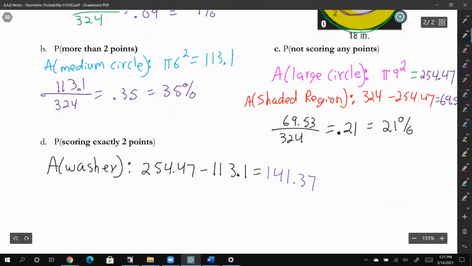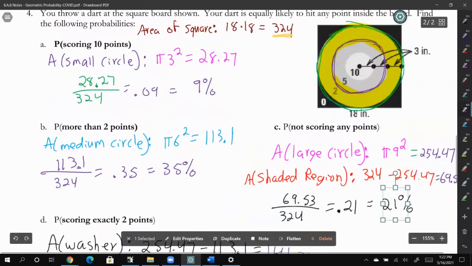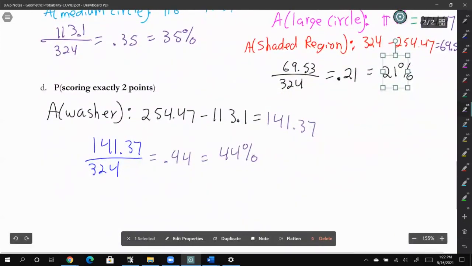So then the probability of getting exactly 2 points will be 141.37 over 324. And that is 0.44 or 44%. So it's almost a 50% chance of getting just 2 points.